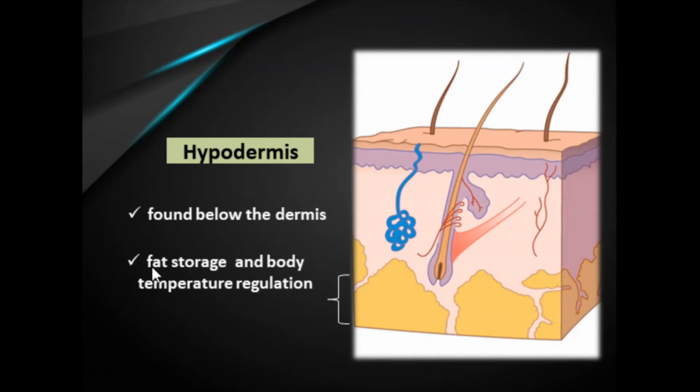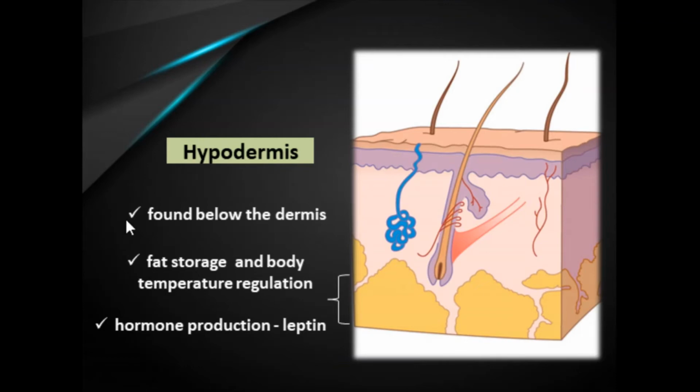And it's for fat storage and body temperature regulation. Aside from the dermis, the hypodermis also functions for body temperature regulation. And third one, hormone production. The hormone that's produced in this layer is leptin.